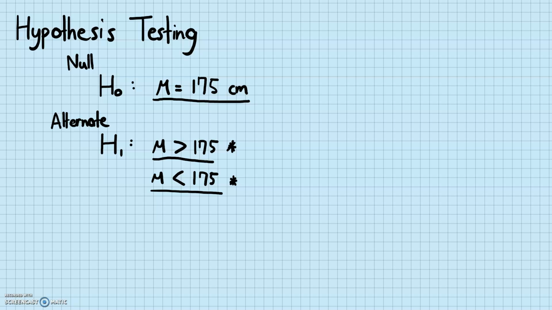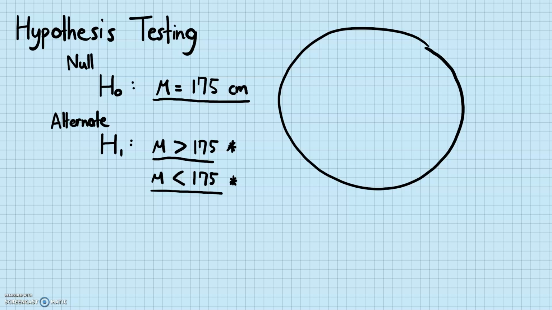Remember that when we're taking statistics, there's the big population. Okay, so this one is all the men in the world, right? Population. And we're taking the height. And we're assuming that the mean height is 175 centimeters. And when we got this hypothesis, we didn't just measure the height of everyone in the world.